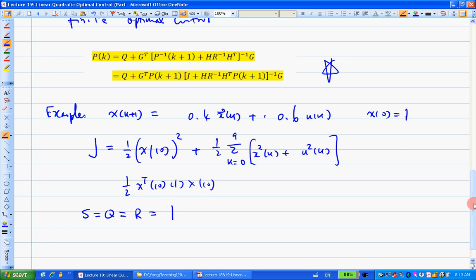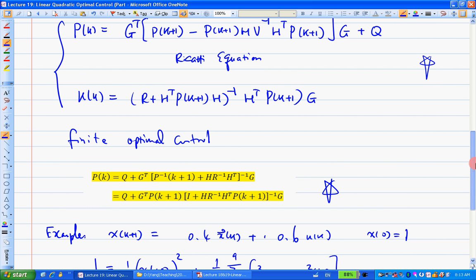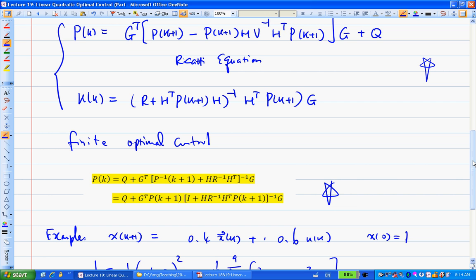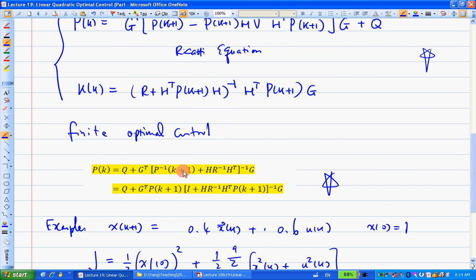Okay, so what we want to do is find the optimal control. So basically, we need to use this equation for the Riccati equation, and then use this one to calculate the gain matrix K here. But what happens when you use the discrete Riccati equation, either this one or this one, is that it is a backward one.